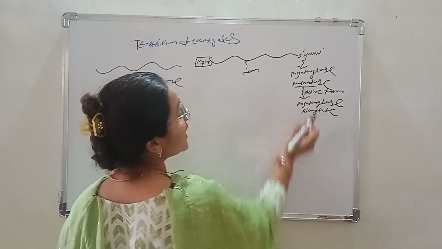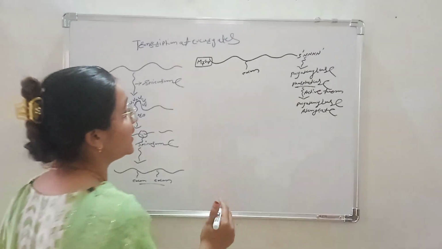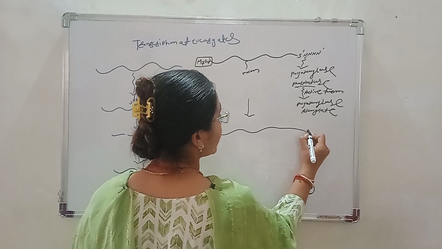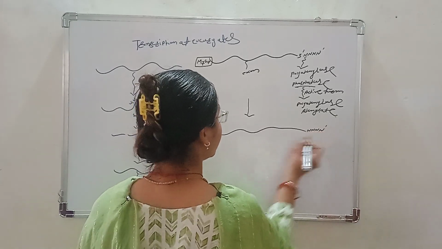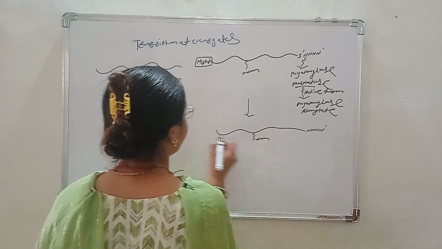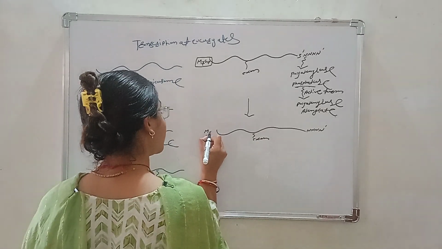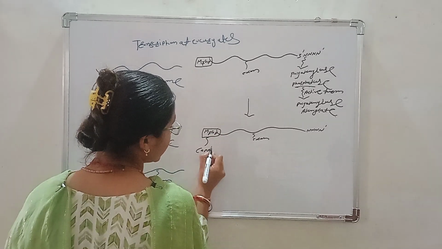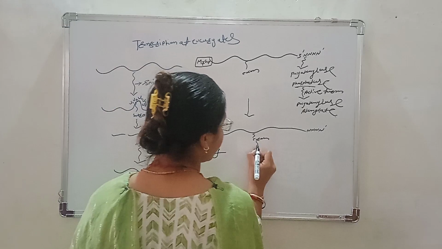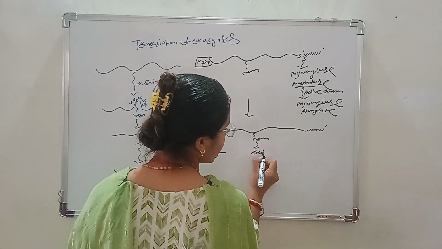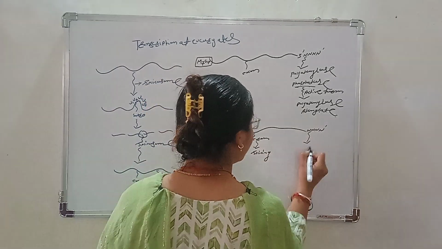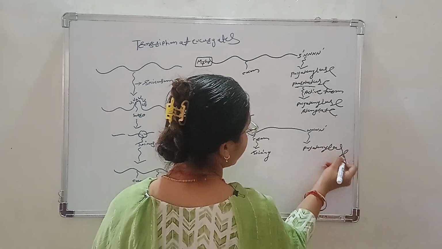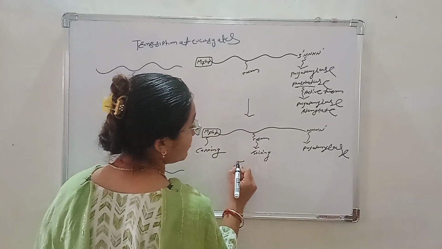This enzyme phosphatase is activated, inactive converted to active, and then we get the nucleotides and the exon portion. So this is the capping, the starting portion of the segment, and this is the splicing, and then at the end portion polyadenylation is applied. This gives a complete mature mRNA.